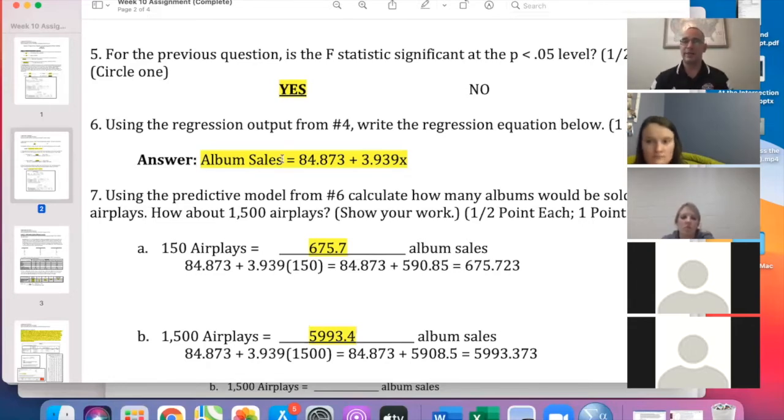We want the fewest number of variables that gives us the strongest prediction model. Just having more and more random variables doesn't necessarily make it a stronger model, because if we had 20 different variables, well, one, that's difficult to collect that much data.